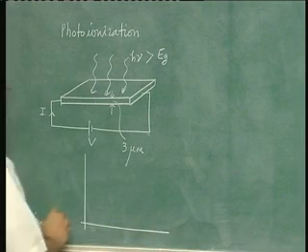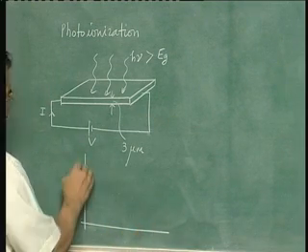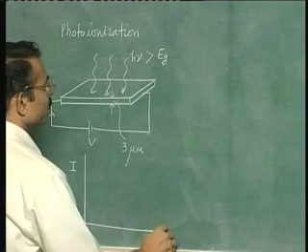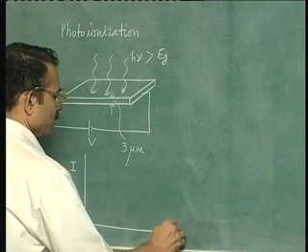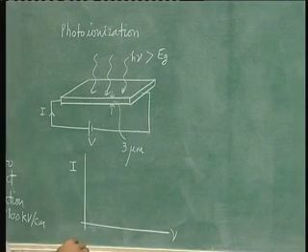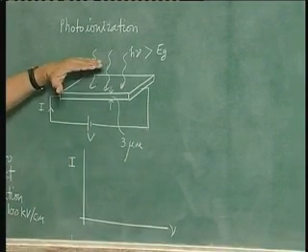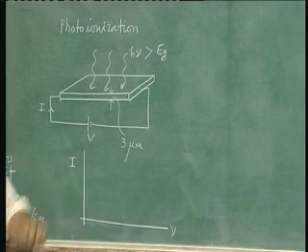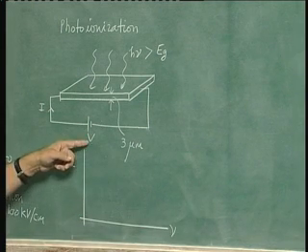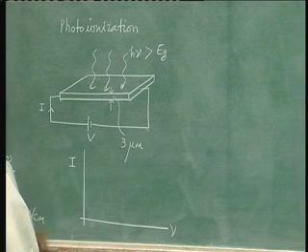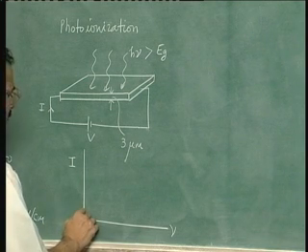So here I am sketching the current I as a function of the frequency of the light, and we will assume that the intensity is kept constant. So we are varying the frequency and the voltage also is kept constant. Now if you see, the current picture would look something like this.